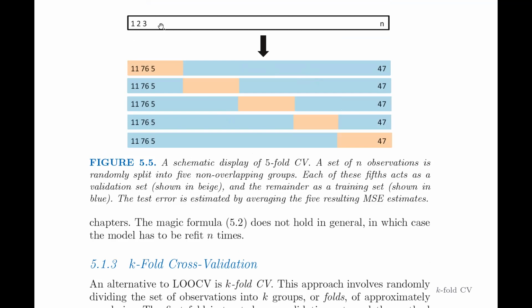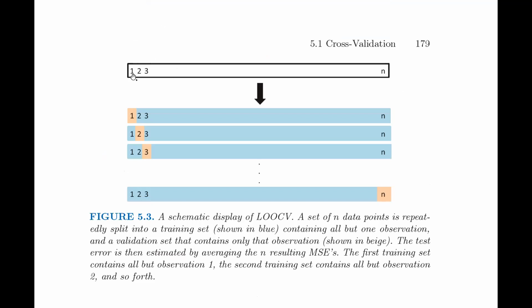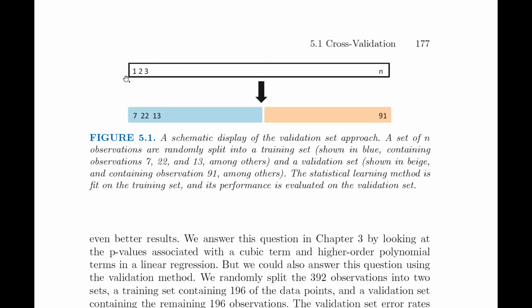Why did they write 1, 2, 3? I think they wanted to write 11, 76. For example, over here, 1, 2, 3, and they wrote 1, 2, 3. Well, actually, what could be happening is that maybe the first, second, and third all went into this one.